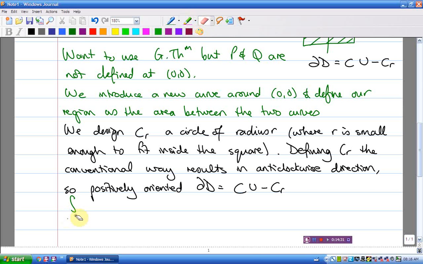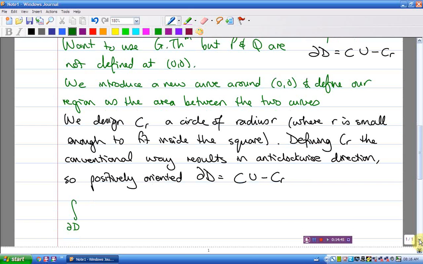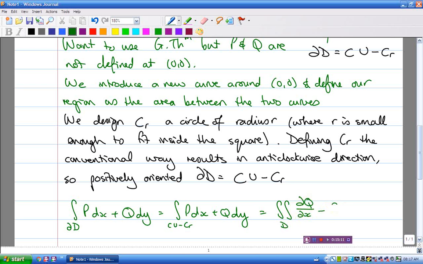Rather than using C, I'm going to use the symbol for the boundary of D, that curly D. According to Green's theorem, I can turn it into this. So let's do that.